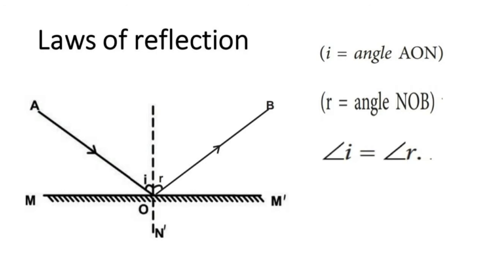From this figure, we can observe that the angle of incidence is equal to the angle of reflection. So, we can write angle of incidence is equal to angle of reflection. Also, the incident ray, the reflected ray, and the normal at the point of incidence all lie in the same plane. So, these are called the laws of reflection.